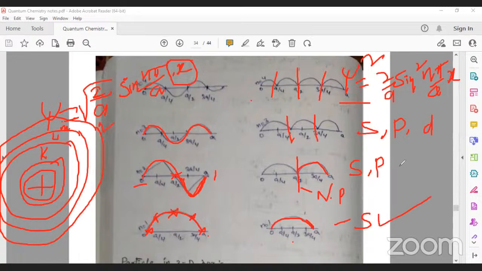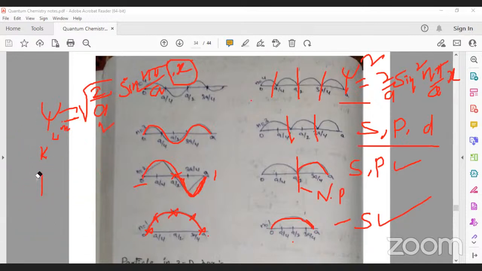L shell containing S and P, because n is equal to 2. M shell containing S, P, D, that is n is equal to 3. Like that, these are the principal quantum number values which can be obtained from the significance of psi and psi square.